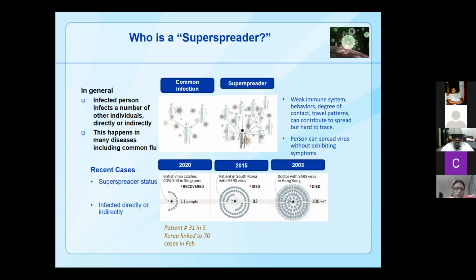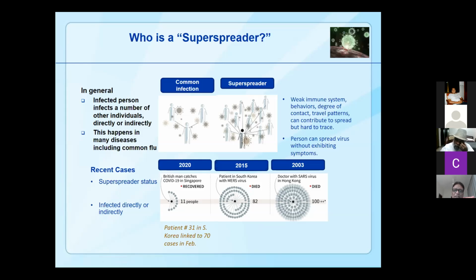If you want to know some of the recent super spreader cases, we found that in 2003, in Hong Kong, there was a doctor with SARS virus. He died, but he spread the disease to more than 100 people. In 2015, we had the MERS, Middle East respiratory syndrome.